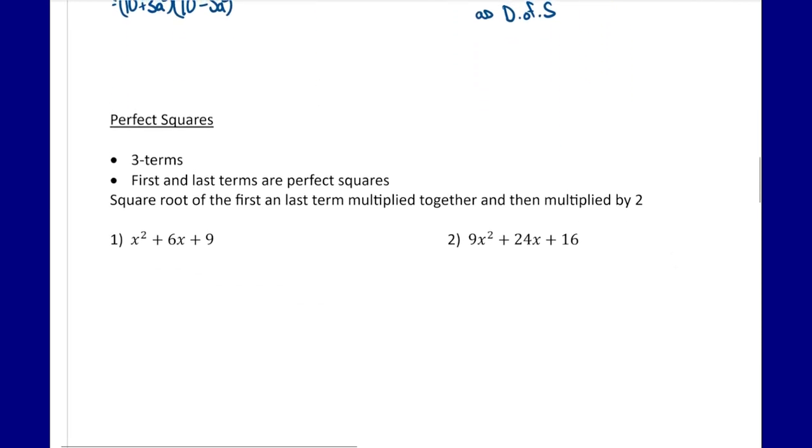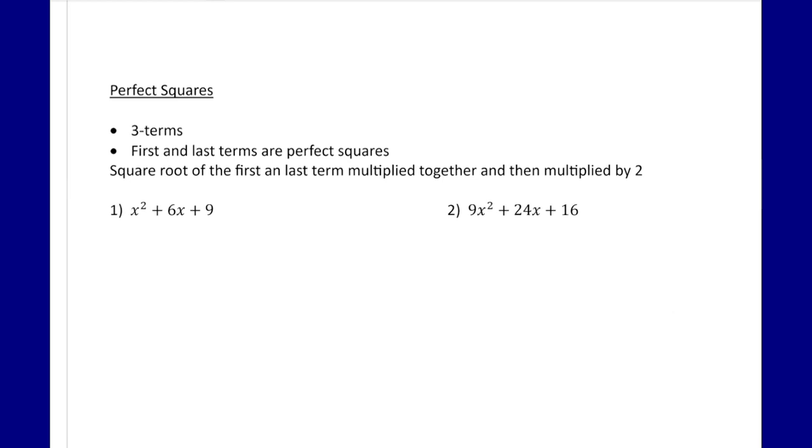For the next type of quadratic or special case, we're going to look at what we call perfect squares. So this is going to be a little bit similar to the difference of squares in terms of we're looking for some specific scenarios first to see if it fits our pattern.